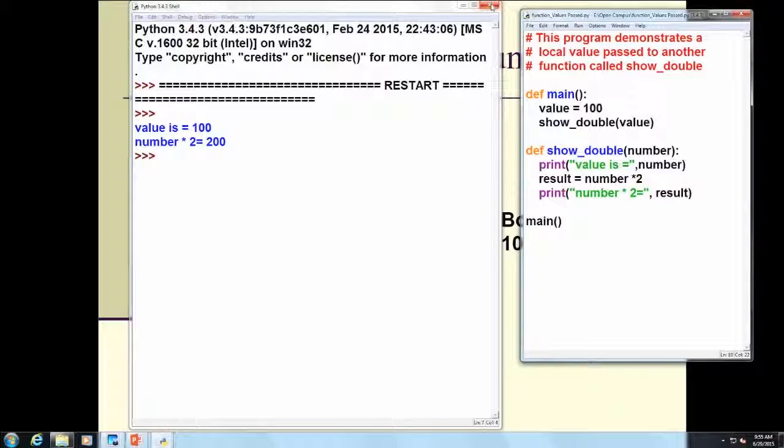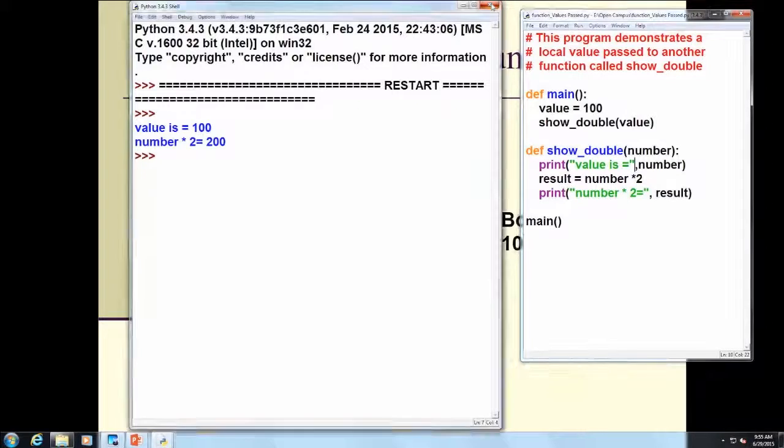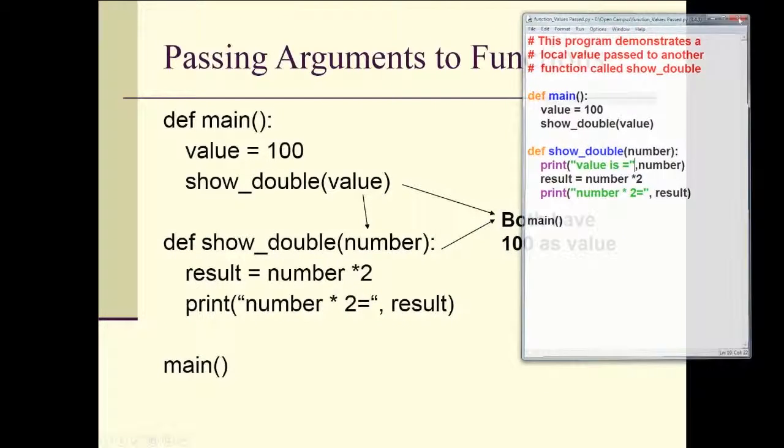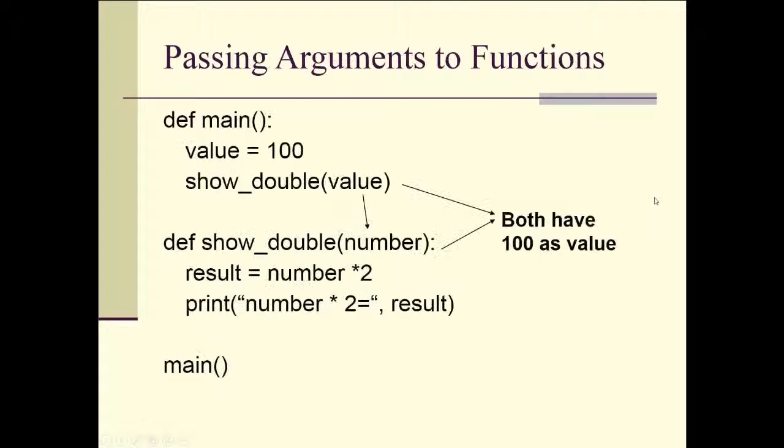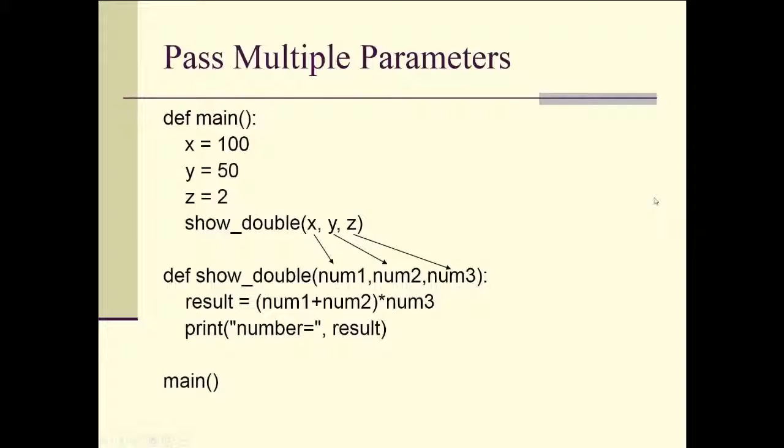Now, let's take one last thing we're going to take a look at. Let's take a look at passing multiple parameters. And yes, you can do that. We're going to take the same one, except I've added x, y, and z as variables in the main function. And then when I call show double, I'm going to use x, y, and z separated by a comma.